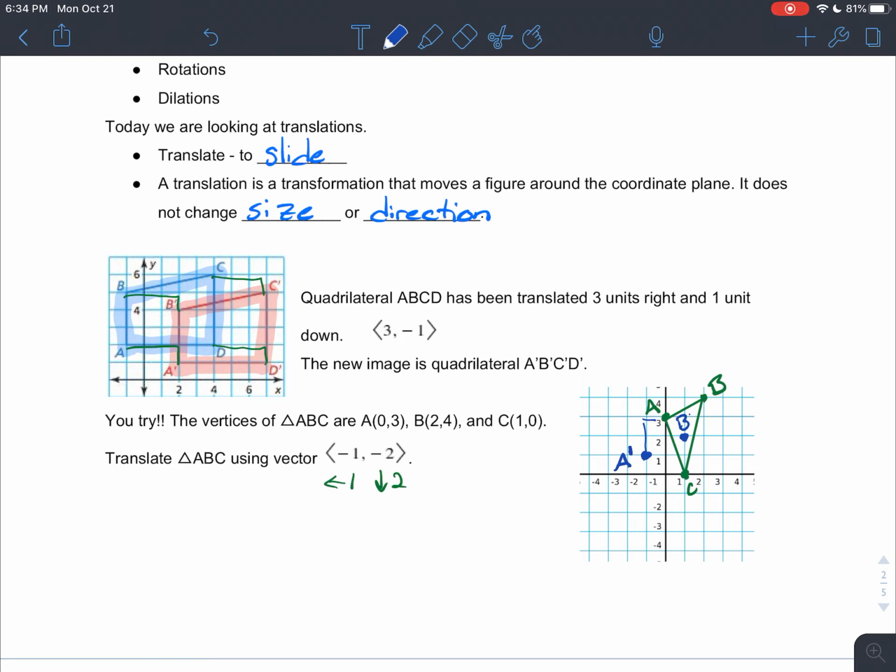That new point is B prime. And C, left 1, down 2. C prime. Okay? All right. So the entire triangle, point by point, has been slid 1 unit left and 2 units down. So that's your translation. All right. Flip her on over when you're caught up.